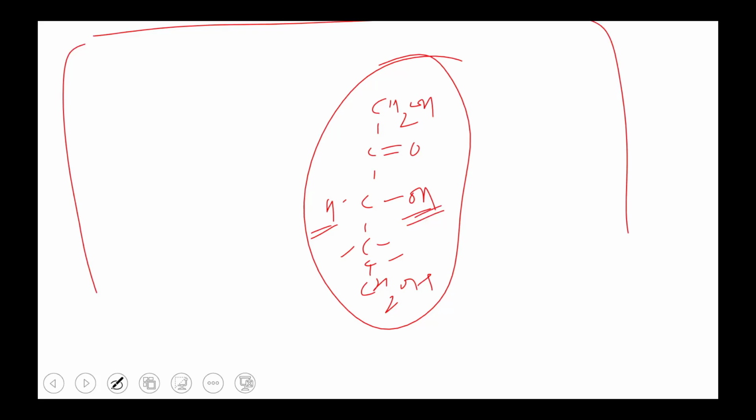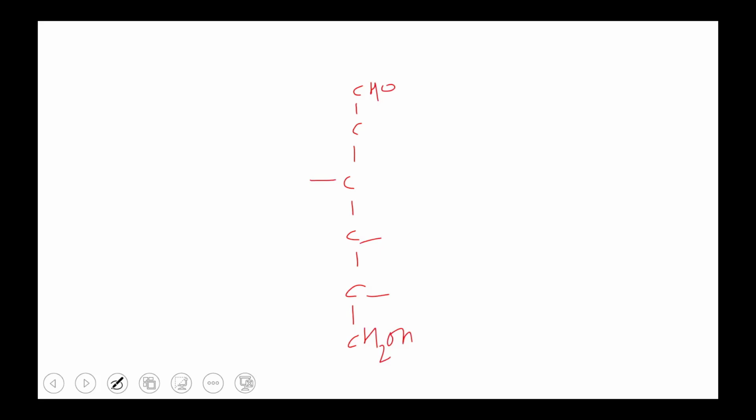So first I will write the glucose structure. This is the aldehyde. This is the glucose structure.